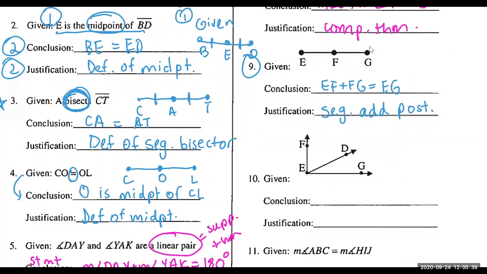You could conclude that, just like the one above, a piece plus a piece is a whole. You can say this piece plus this piece is the whole thing, right? So the measure of angle FEG plus the measure of angle DEG is equal to the measure of angle FEG.